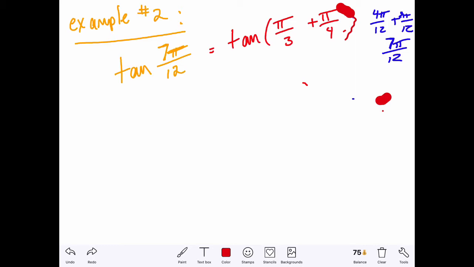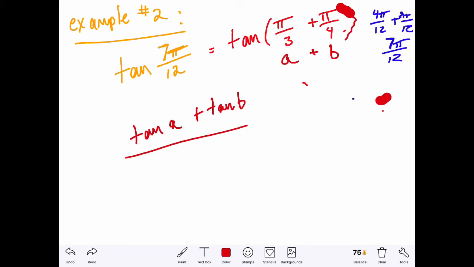Then let's write the general formula here. And remember, this is going to be my A, and that's going to be my B, and we've got A plus B. Tangent of A plus B is tan A plus tan B over 1 minus tan A tan B. Okay, and now it's just a matter of plug and play.